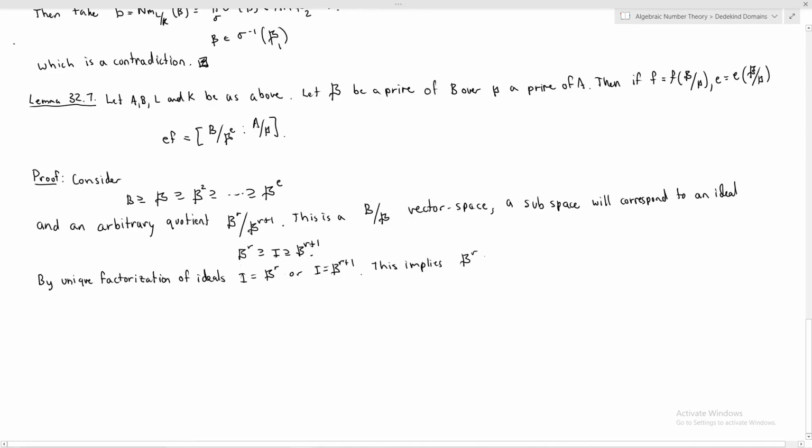If there are only two subspaces, then this is one-dimensional as a B mod P vector space. If it's one-dimensional as a B mod P vector space, then we have an isomorphism.